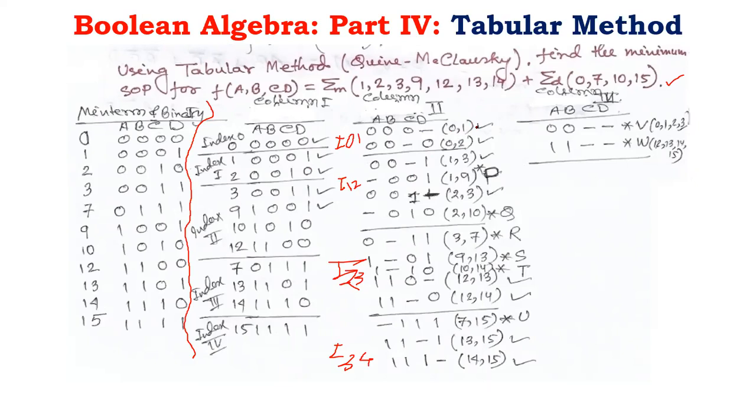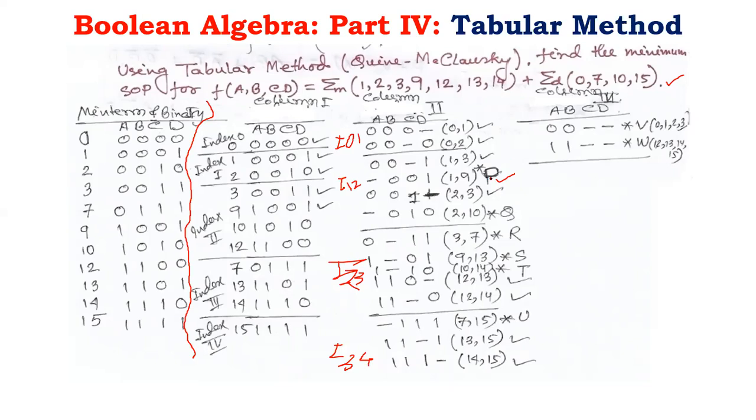No problem. So here 1, 9 is not compared with others, so put it as a prime implicant. Min terms which are not used in comparison, we should select as prime implicants.